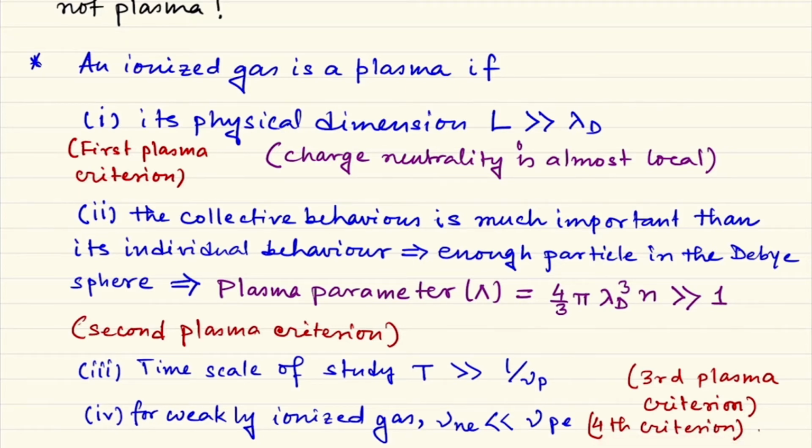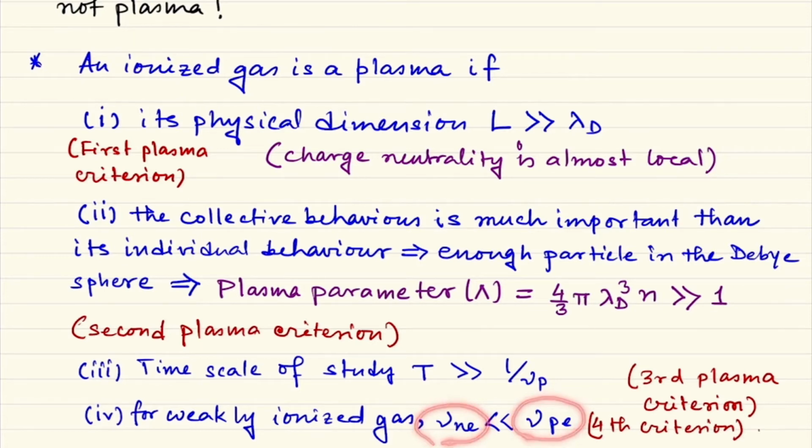So it is simply that if the charge neutrality is broken by a weak perturbation, and after that the collisions between neutrals and electrons are very frequent, then the particles do not find much reason to get back to their original position of charge neutrality once again.